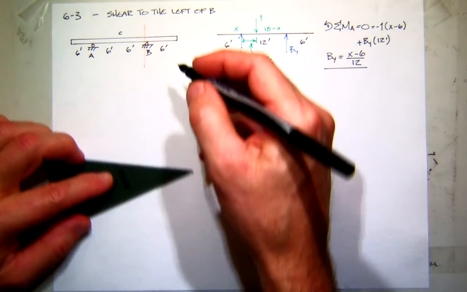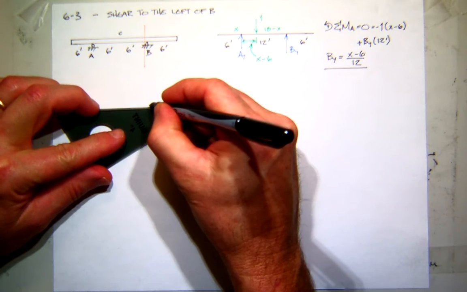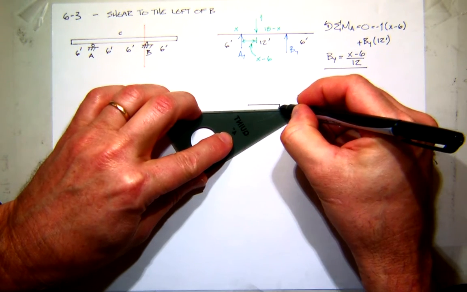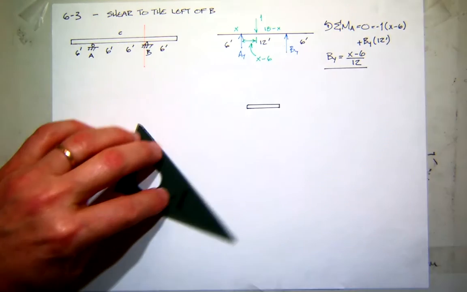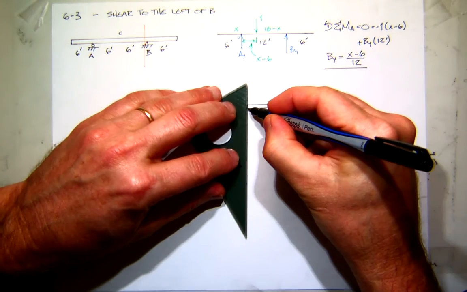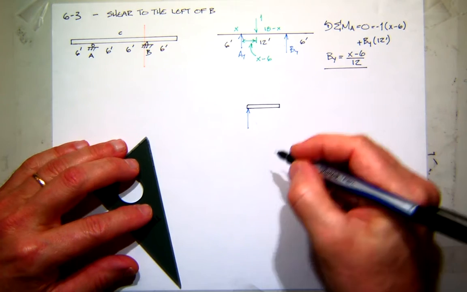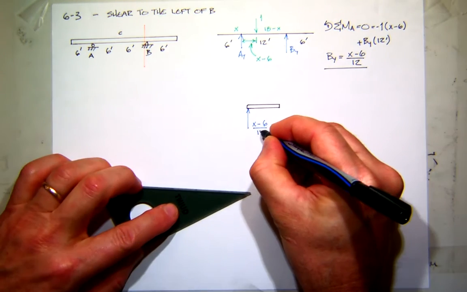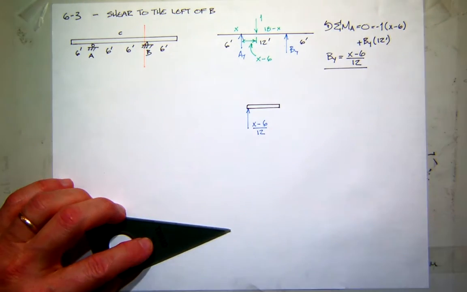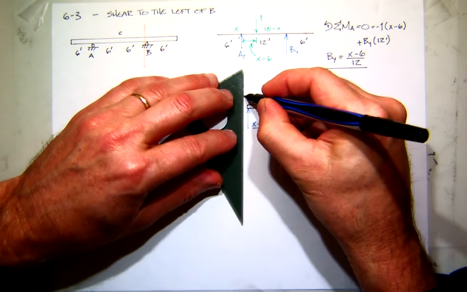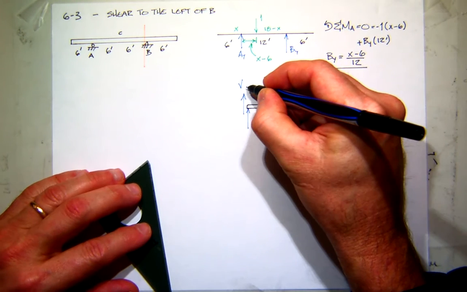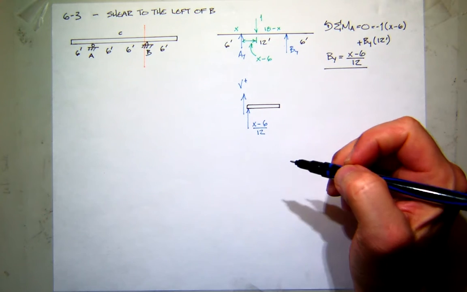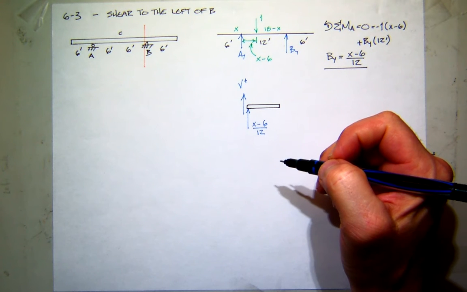So now we come back to this free body. I'll look at the right side. And now I have BY. It's right there, and it's x minus 6 over 12. Cantilever. And then what do I have internally? There's the positive shear just to the left of B. What else is on that free body?